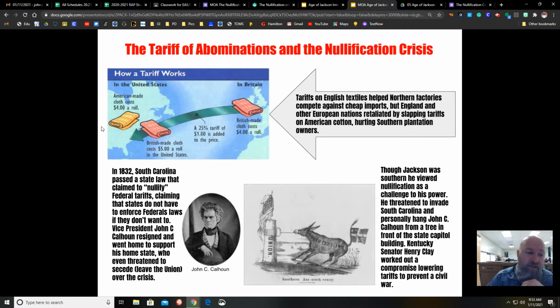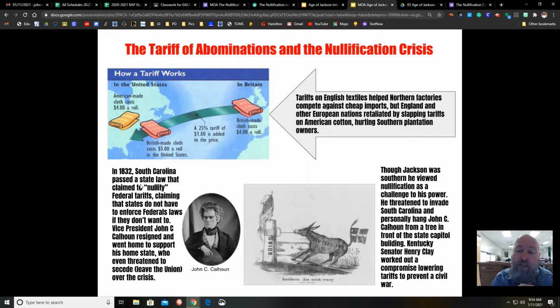So the state of South Carolina in 1832 passes a law that claims that they can nullify these tariffs, that they can ignore the federal tariff so they can work out a deal so that England will not tax South Carolina cotton and tobacco. Well, according to the Constitution, federal laws are supreme over state laws, meaning that a state cannot nullify or ignore a national law. When the federal government passes a law, the states have to go along with it.